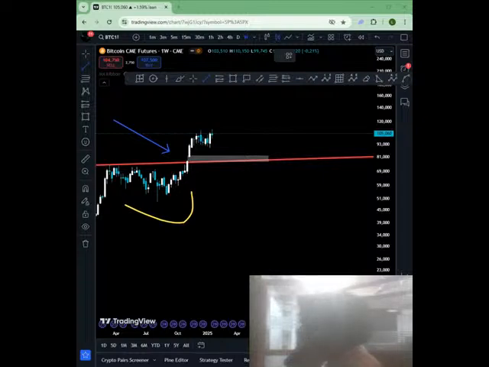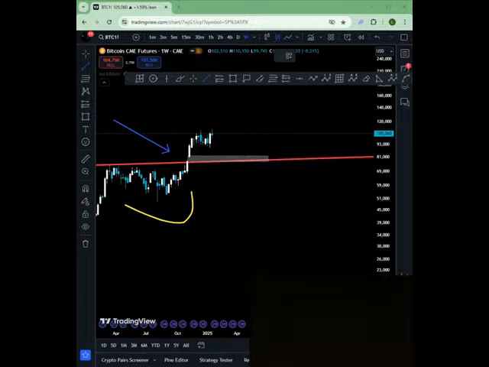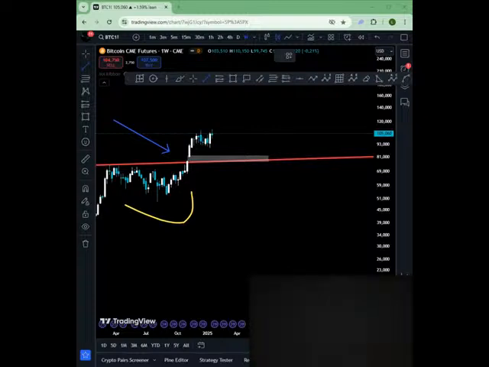I'll just mark it. So what happened? For the previously created all-time high, the market just swept the liquidity. We should see a weekly close.